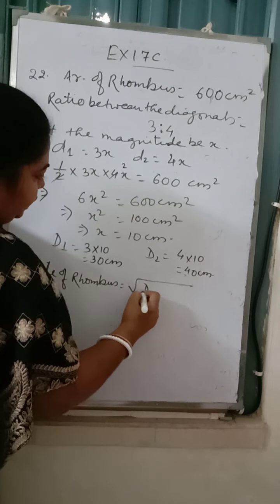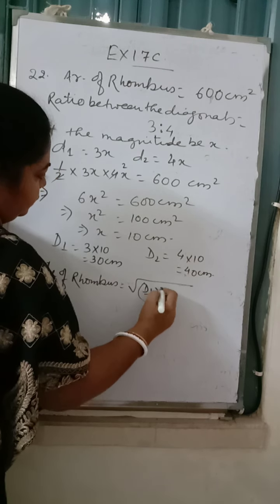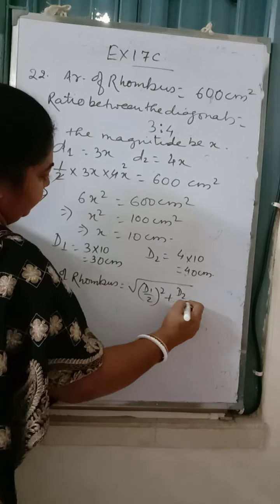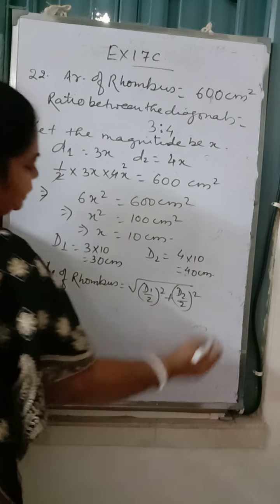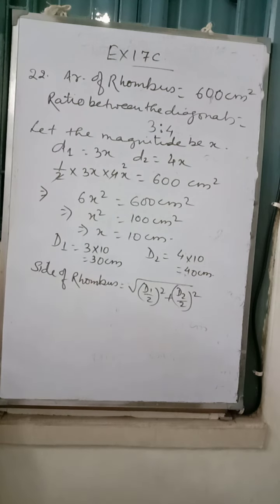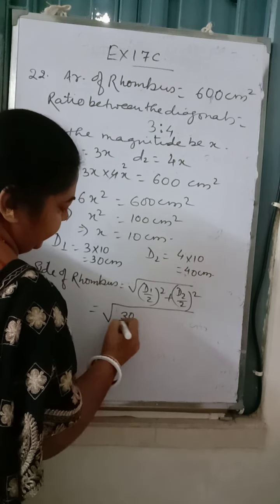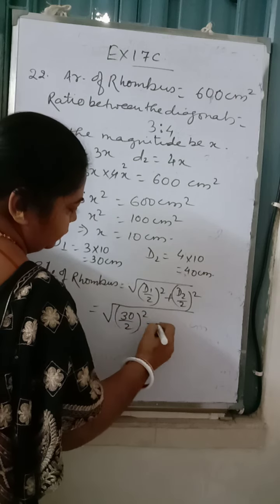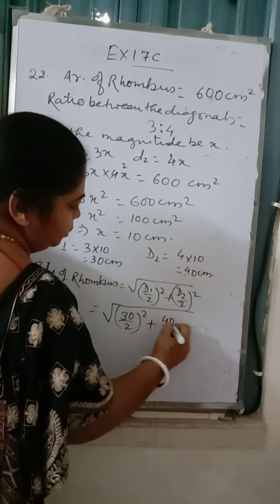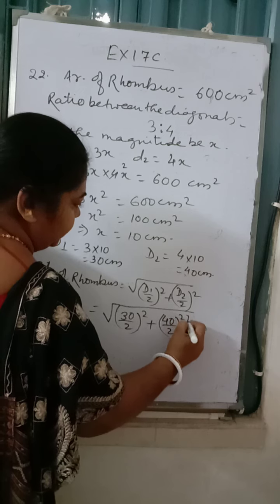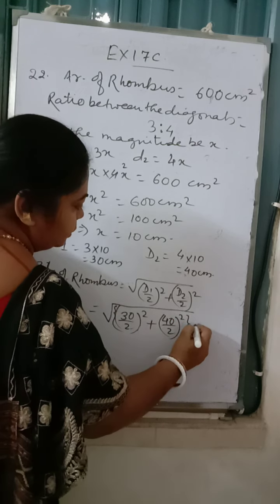Under root (d1 by 2) square plus (d2 by 2) square, we know because the diagonals bisect each other at 90 degree. Or it gives you 30 by 2 whole square plus 40 by 2 whole square centimeter square.